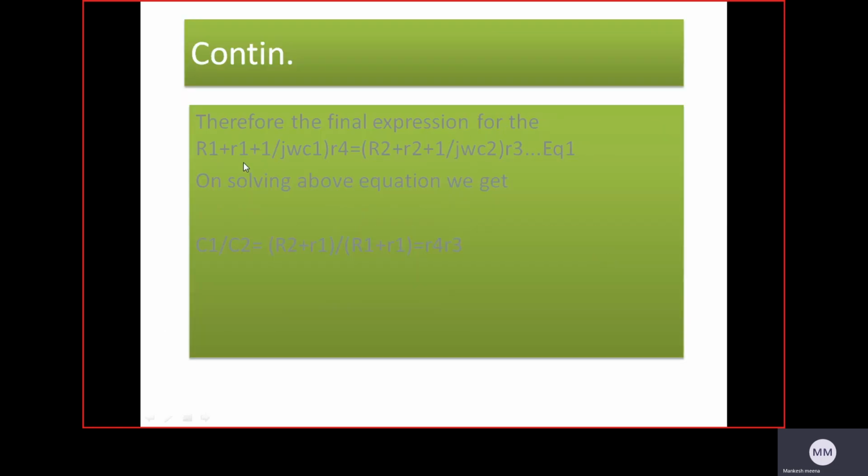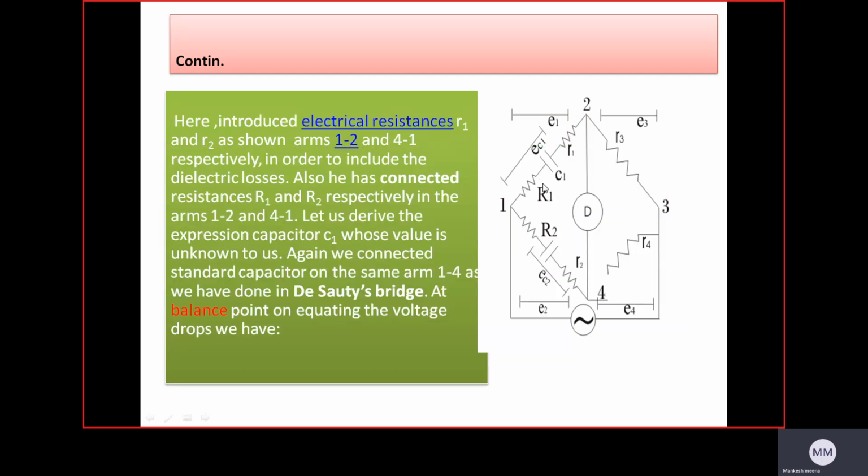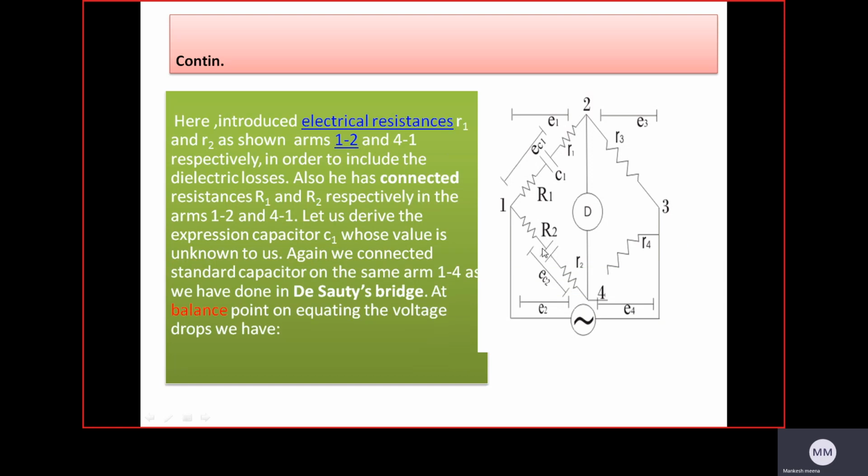Therefore, the final expression: (R1 + r1 + 1/jωC1) multiplied by r4 equals (R2 + r2 + 1/jωC2) multiplied by r3.